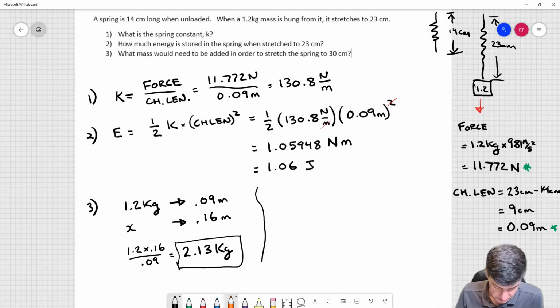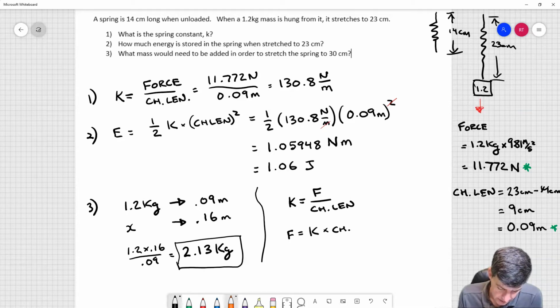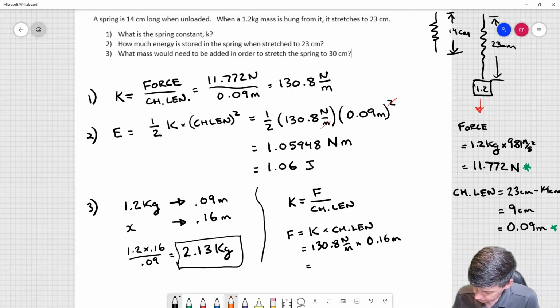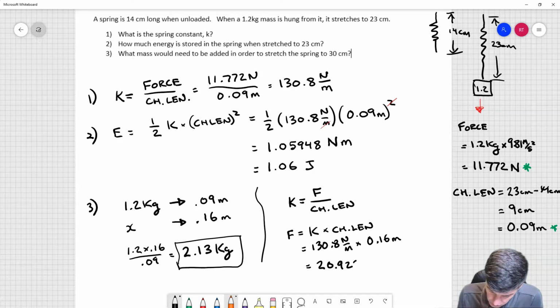Your other approach would be, again, to figure it out using K. K is equal to force divided by the change in length, so force is equal to K times the change in length. 130.8 newtons per meter times 0.16 meters gives you a force of 20.928 newtons.